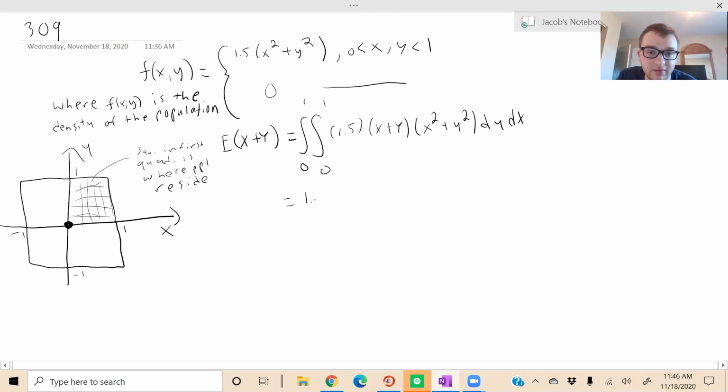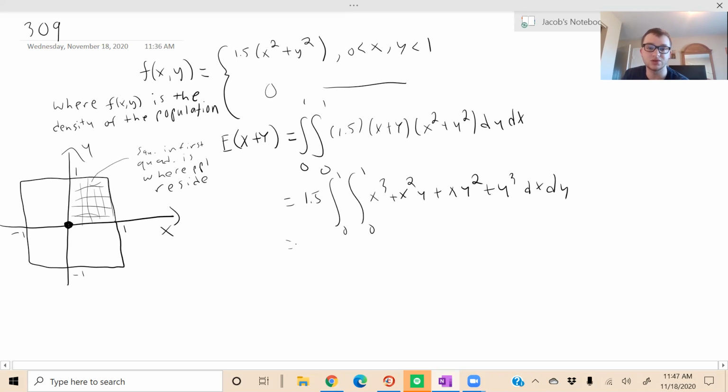I'm going to bring the 1.5 out. This is 0 to 1, 0 to 1, and then x plus y times x squared plus y squared is x cubed plus x squared y plus x y squared plus y cubed. I integrated it with respect to x first, so dx dy.